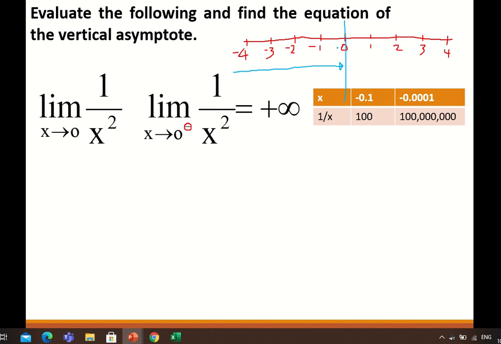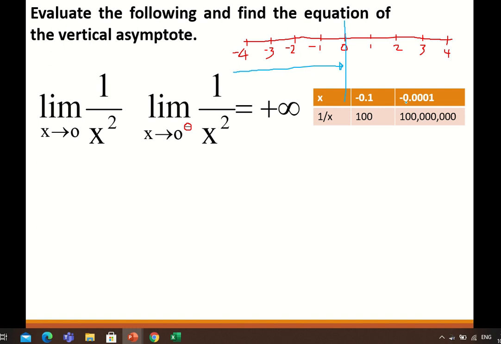One example is something like this. If the value is closer to 0, say negative 0.1, when you substitute 1 divided by x squared, negative 0.1 squared becomes positive 0.01, because it's just like multiplying 0.1 by another 0.1. So 1 divided by 0.01 becomes 100.